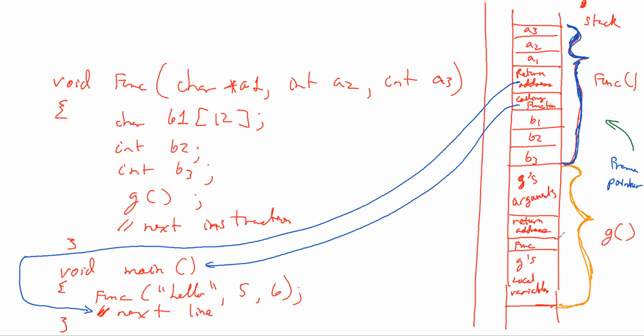So now I ask you, I'm going to use another color for G, the orange one or golden, whatever that is. So the return address for G, what should it point to?